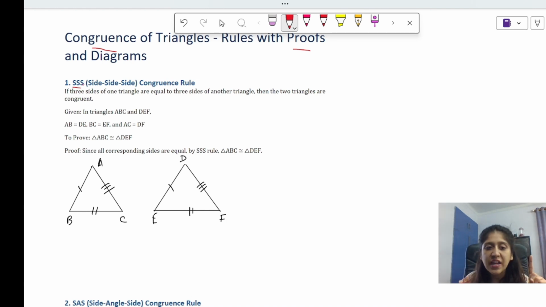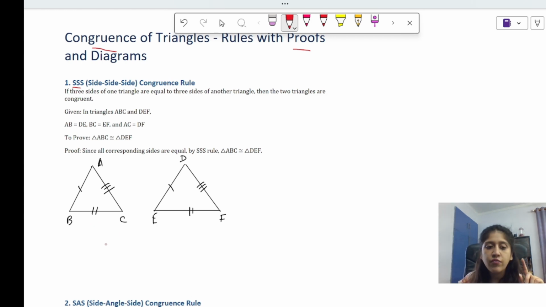First, the side rule, alright? What does this rule say? Just look at the 2 diagrams, 2 triangles. Whenever we have to show congruence of triangles, that is always between 2 triangles, alright? They cannot be more than 2 triangles, they cannot be less than 2 triangles. So, we always have to show the congruence property for 2 triangles.